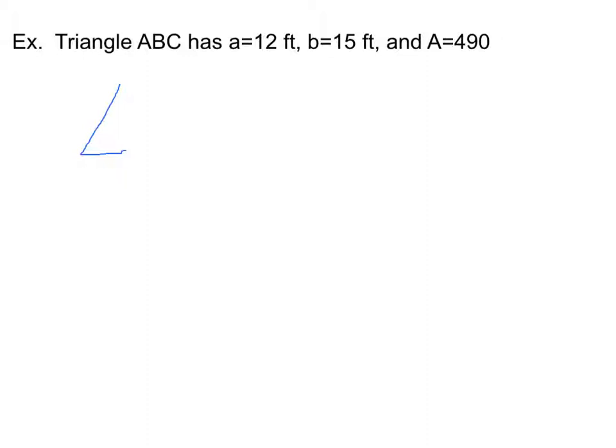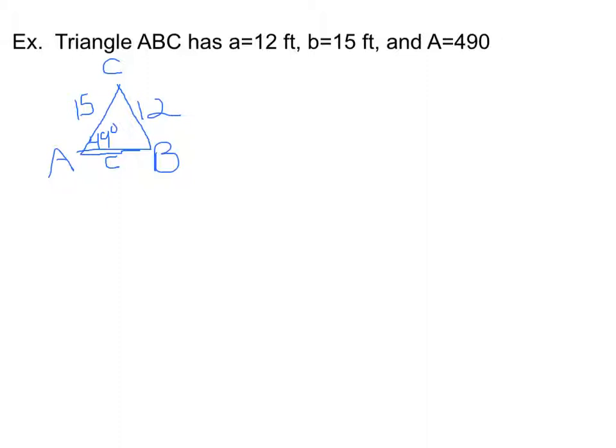Our drawings aren't always totally accurate, but I would like to draw this so that side B looks a little shorter than side A. So here's angle A, here's angle B. We don't know angle C, and we don't know side C. But we can find angle B by the law of sines.